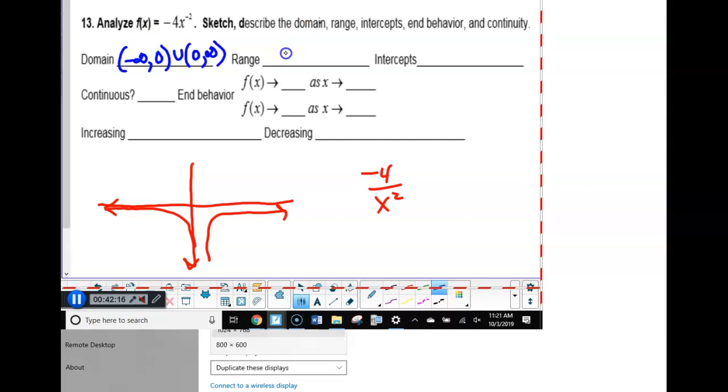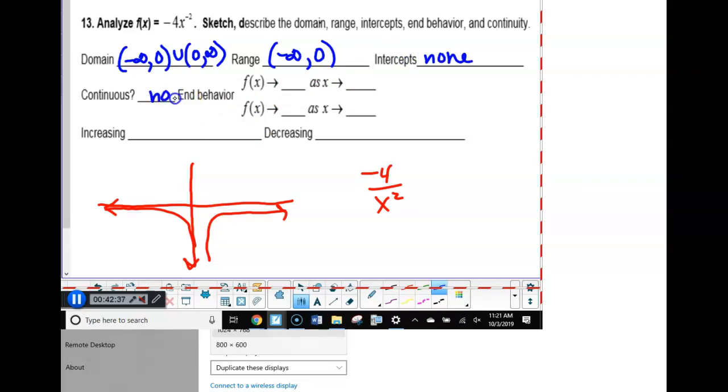Yes? Okay, what is the range of that? Everything's working until you get up to what? 0. So it's negative infinity and it does not include 0. There's nothing above 0. The intercepts are none, even though mine looks bad.